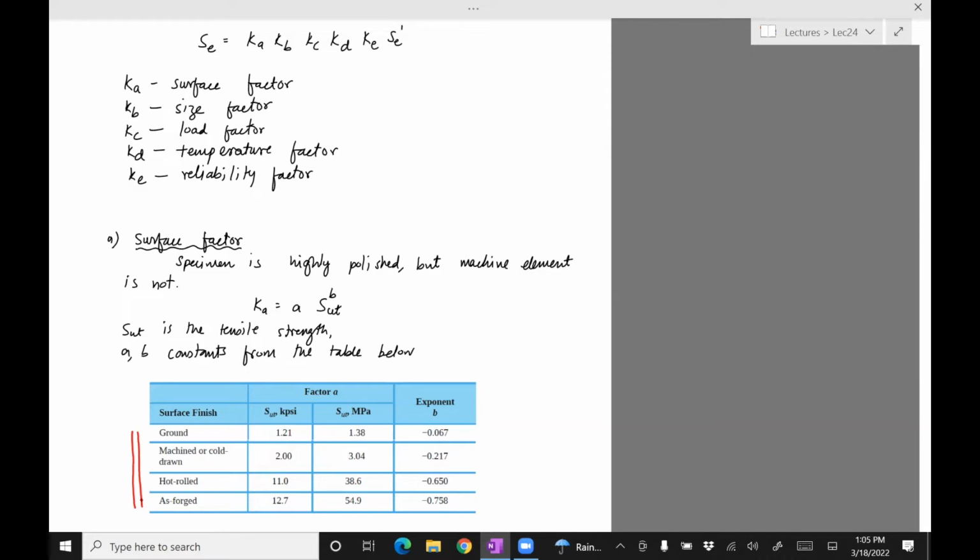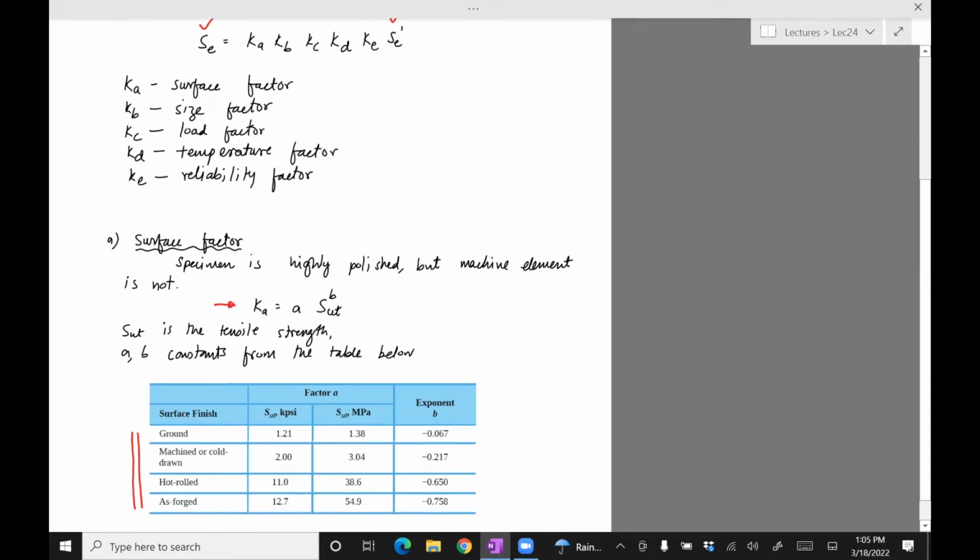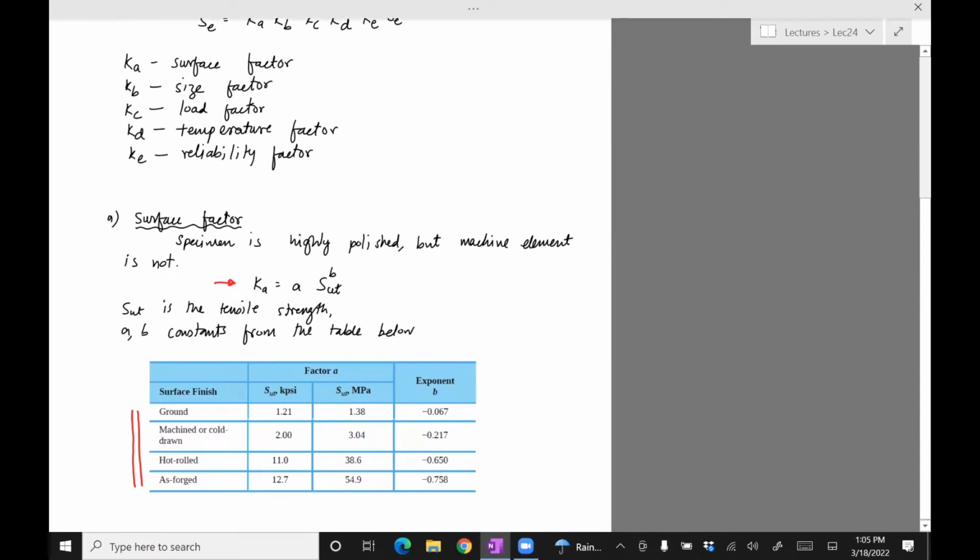Or what you can do is, once you get this Se and Se prime, where Se prime comes from the test specimen and Se comes from the impure or whatever factor you're considering, the ratio of the two will give you K. That's how they came up with this relation, which is an empirical fit based on SUT. So all you do is figure out what the surface finish is.